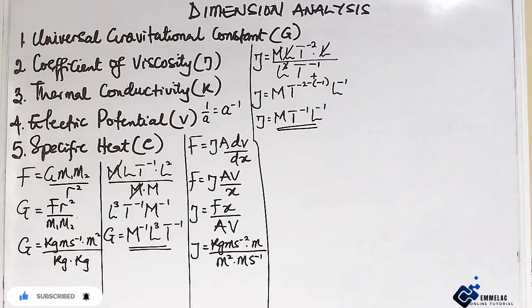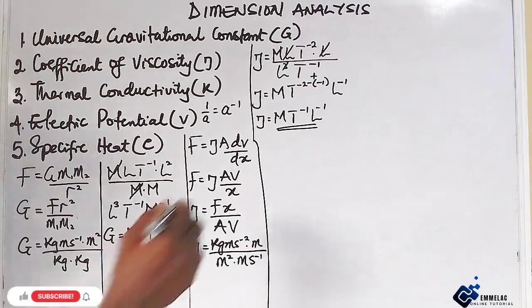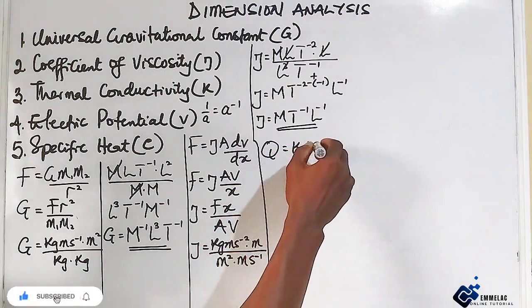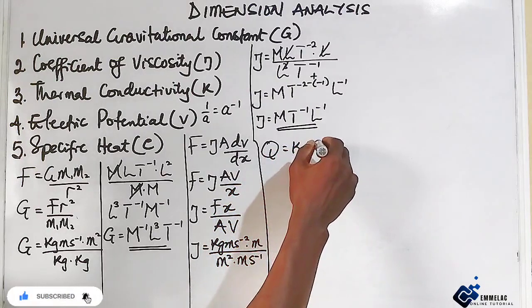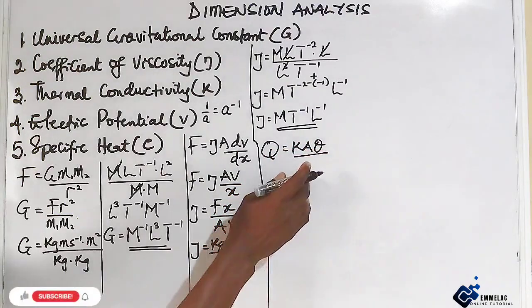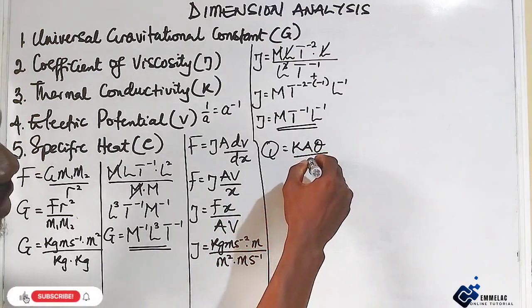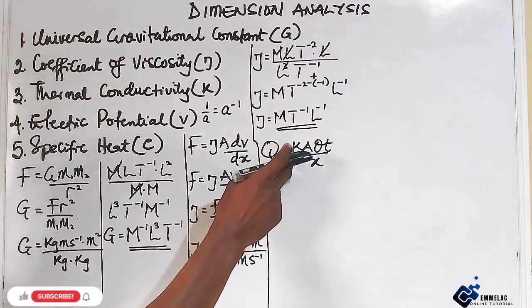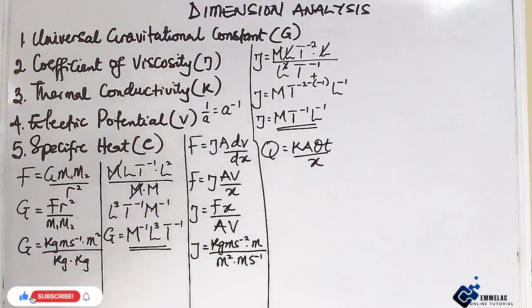Now the next one is the thermal conductivity. When we come to thermal conductivity, we know that Q equals K A times the change in temperature, all over the distance, that is displacement, which will be X. With this, let us make K, which is the thermal conductivity, the subject of relation.